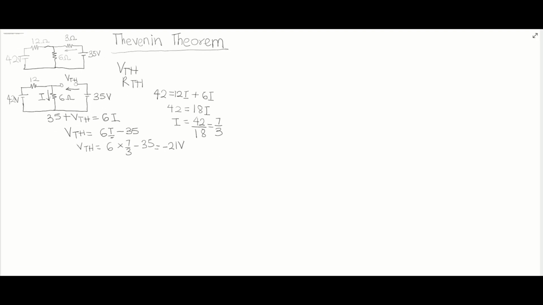So let's move on. So now we know that VTH is minus 21 volts. So we found our VTH.